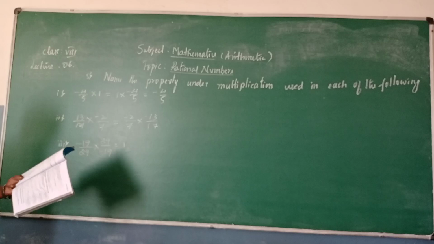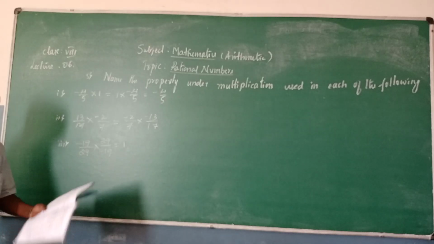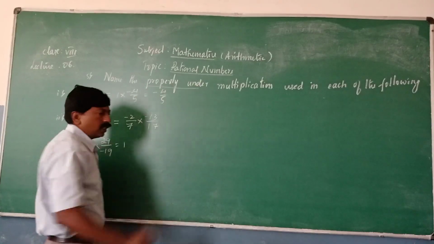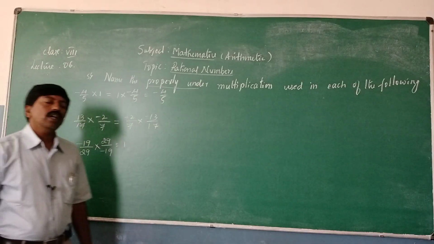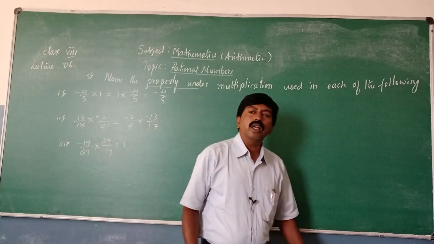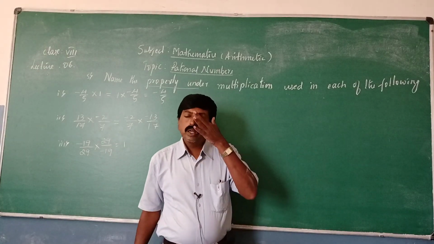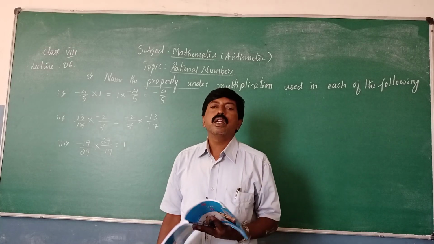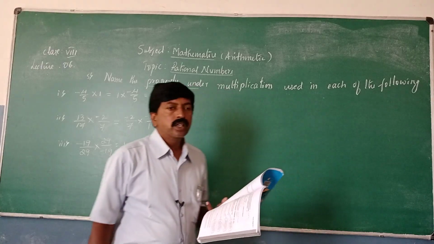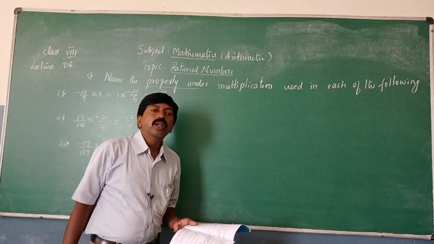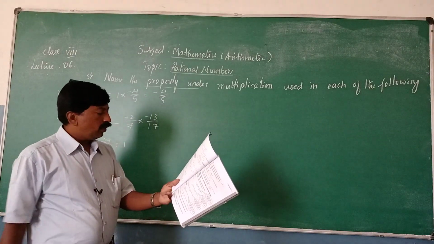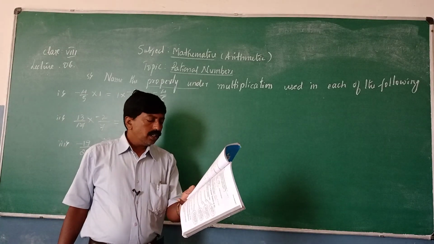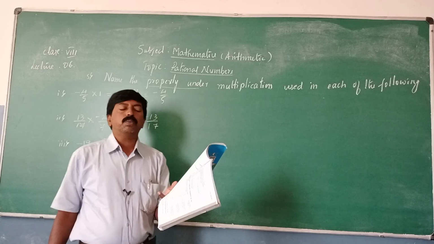Here there are three problems. Write the property. What are the properties you have studied? You can recall one by one. We studied commutative property, closure property, associative property, multiplicative inverse, as well as additive inverse. Now, minus 4 by 5 into 1 is equal to 1 into minus 4 by 5.